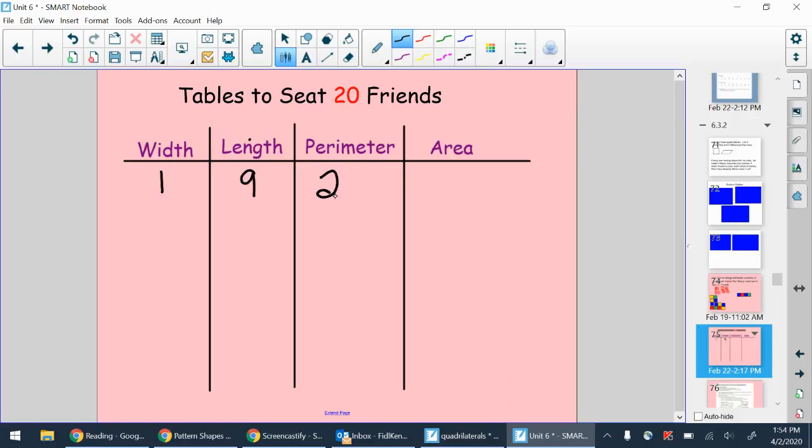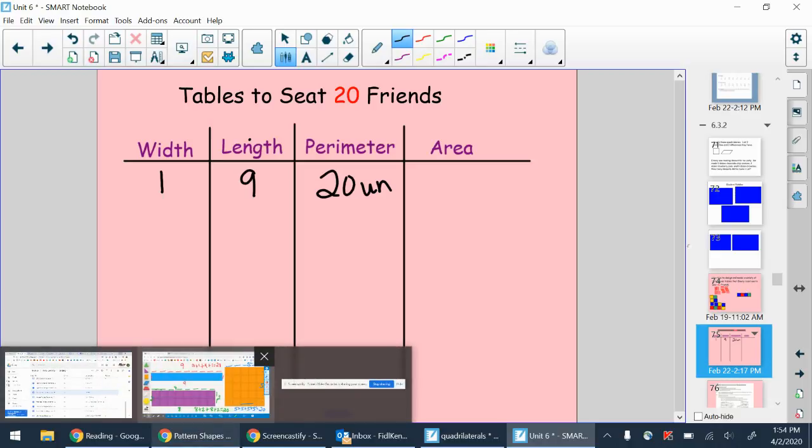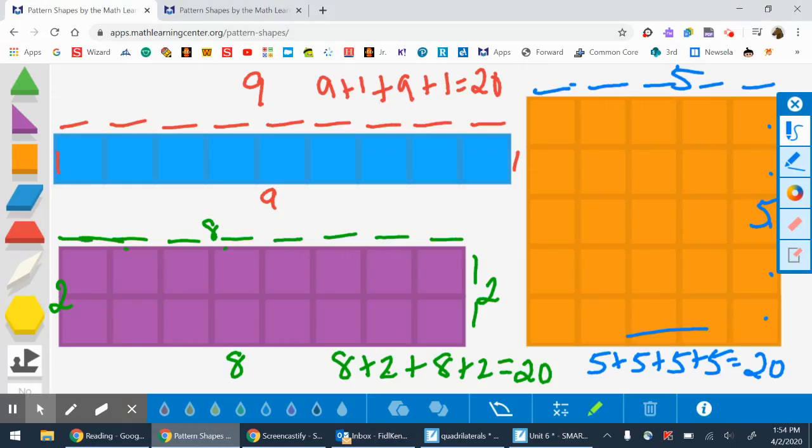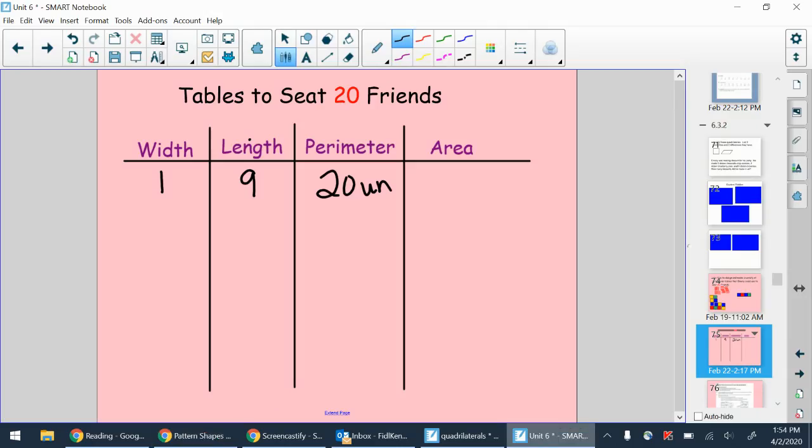We said the perimeter was 20 units. What would the area be? If I go back and count all the squares, I'd have 1, 2, 3, 4, 5, 6, 7, 8, 9. Another way to think of that is, remember, to find the area, we can do multiplication. It's a 1 by 9 array, so I could think of it as 9 times 1. And what is 9 times 1? It is 9. So my area is 9 square units.